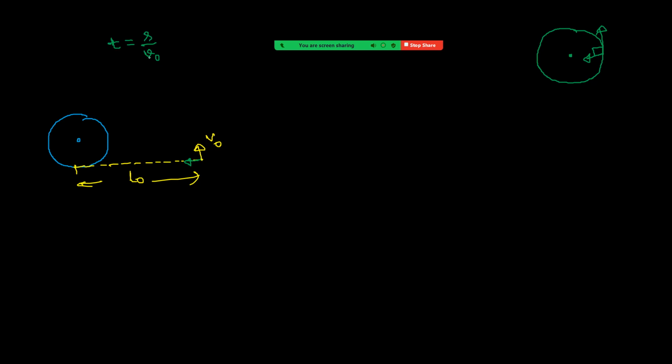That means now we have to focus on what is the distance traveled by the particle. The distance traveled by the particle is the length of the path followed. See the path followed, given like this. So we have to find the length of this path.